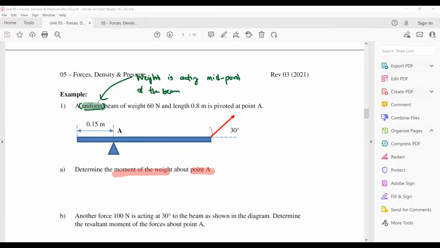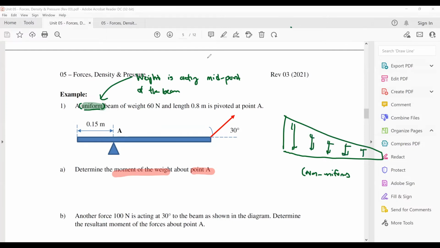Okay, it's a uniform beam, meaning to say the cross-sectional area is uniform. If I give you some example of a beam, this one here is considered to be non-uniform because you can see that the cross-sectional area is varying as I go along the length.